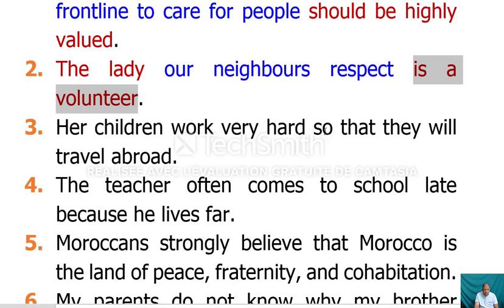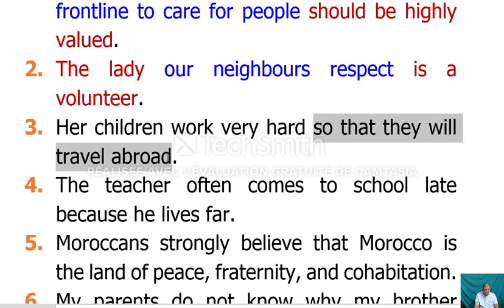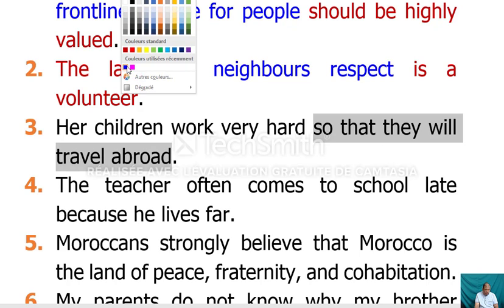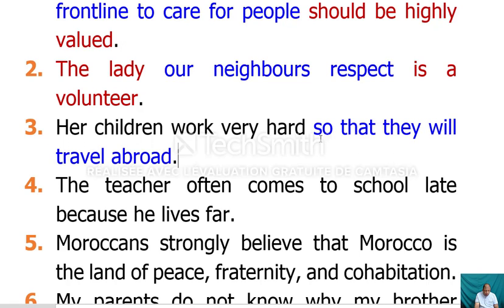So this is related to what we call an adverbial clause. So this one, this is the dependent. Here, what do we have? We have the subordinate conjunction so that. So when you put the subordinate conjunction and what comes after the subordinate conjunction, this is the subordinate clause.